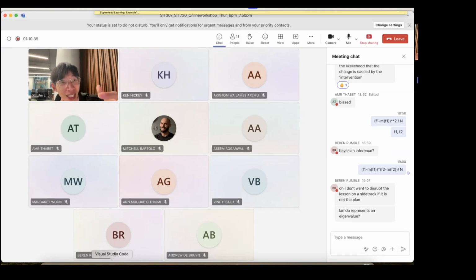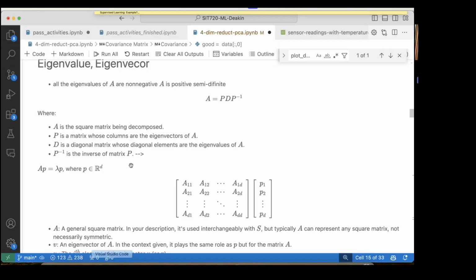That is my question. Have a guess. P is used to transform the existing features into new features, right? And A is the spread of the original data. So how about lambda?